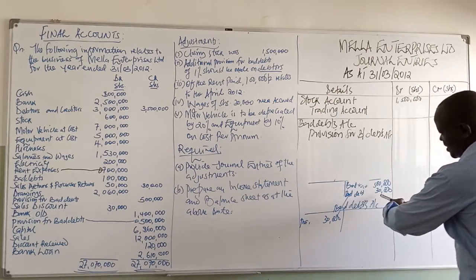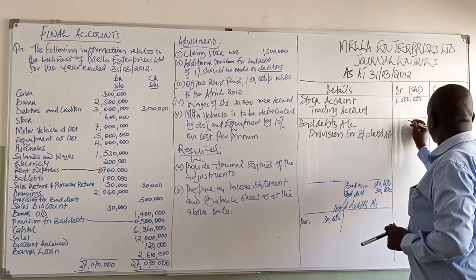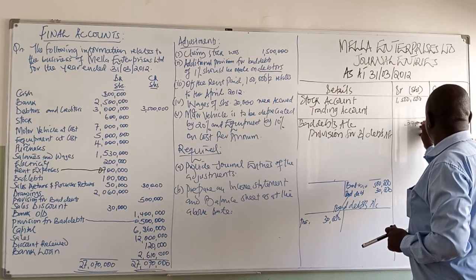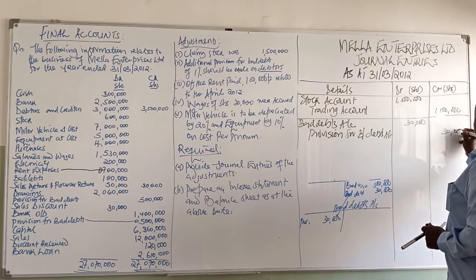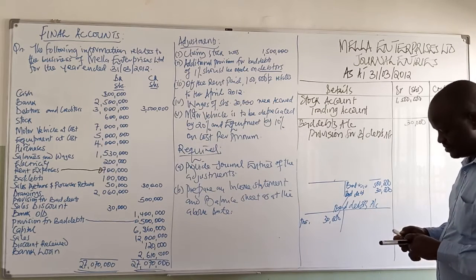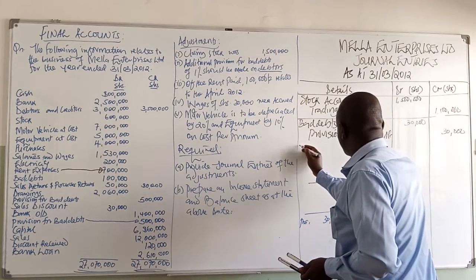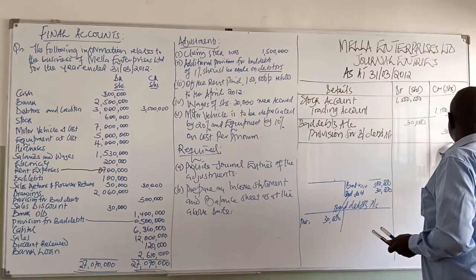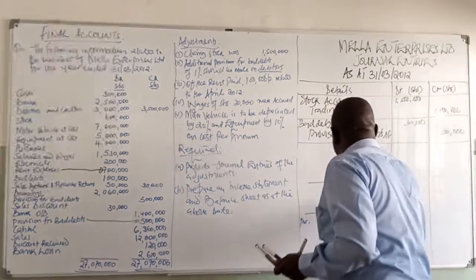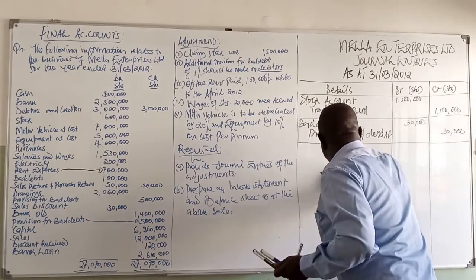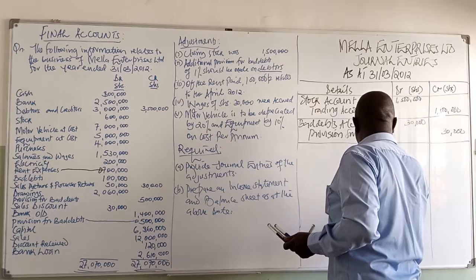By how much? The additional 1%, which is 30,000. So we shall put here 30,000, and also come here and put 30,000. After that, we shall also close it like that. So that's that. We are creating journal entries for our adjustments.